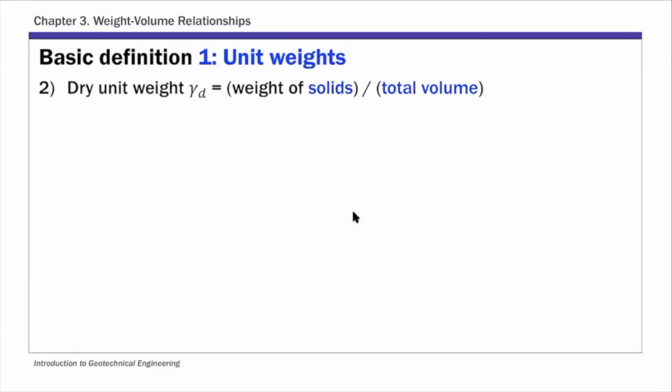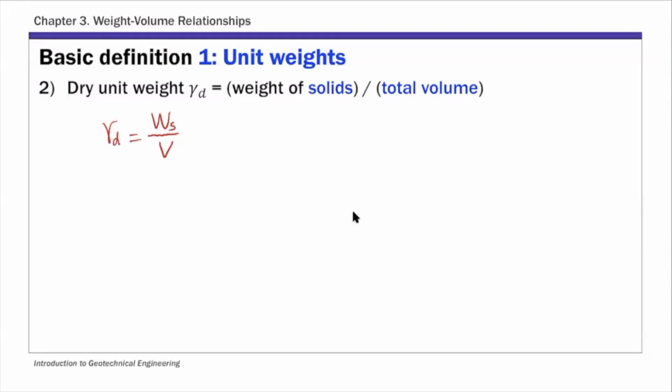The second unit weight is called dry unit weight. Again, weight over volume, but this time it's weight of solids over total volume. For dry unit weight, we call it gamma D. And it's weight of solids, using our symbol, this is WS, and total volume is capital V here.